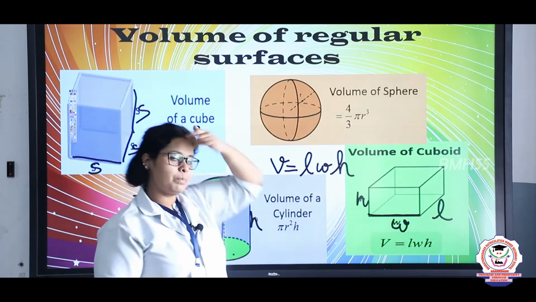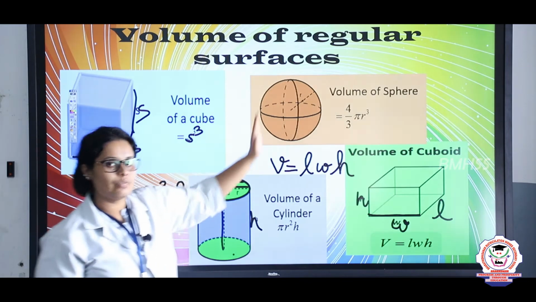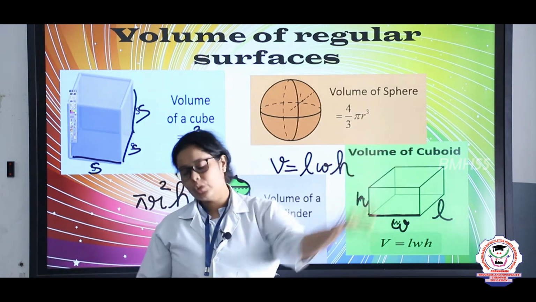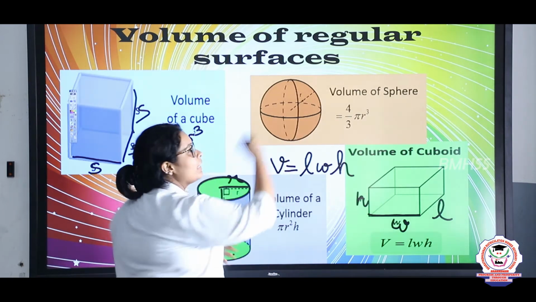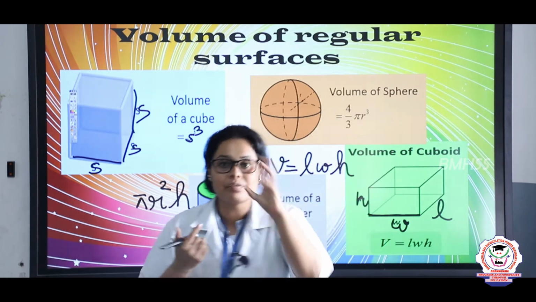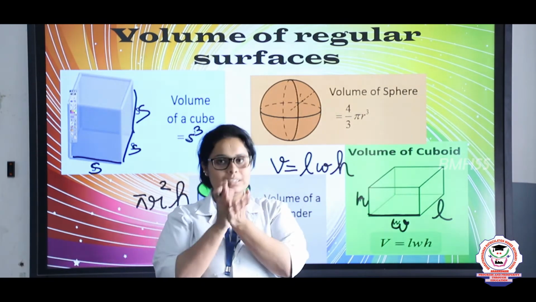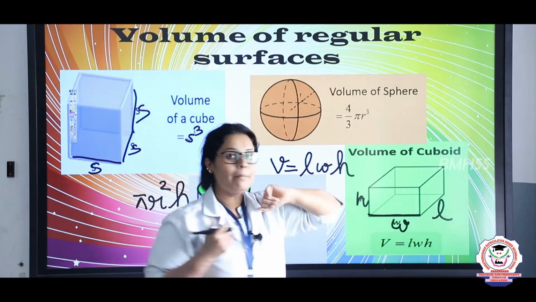Now let's come to the sphere. So in the sphere, the formula is 4 by 3 pi r cube. So why is it pi r cube? Because this is 3-dimensional, that is it is a circle from all the directions. Whenever we are seeing a ball, all the directions are circle, right? So that is why it is r cube. Same way, why pi?